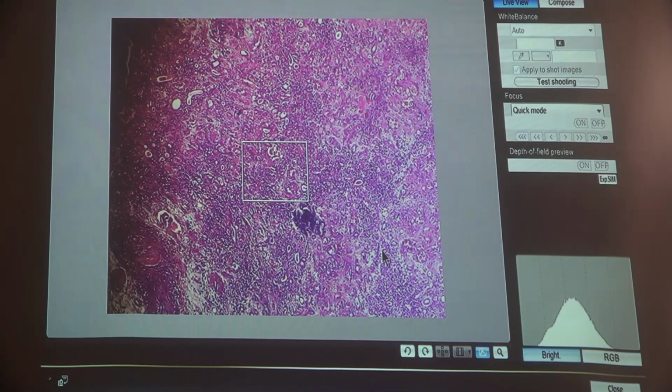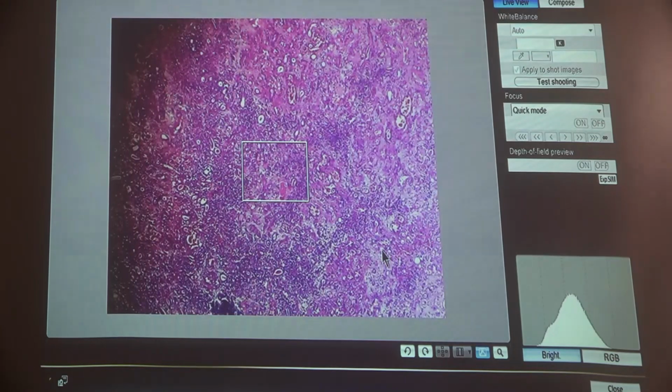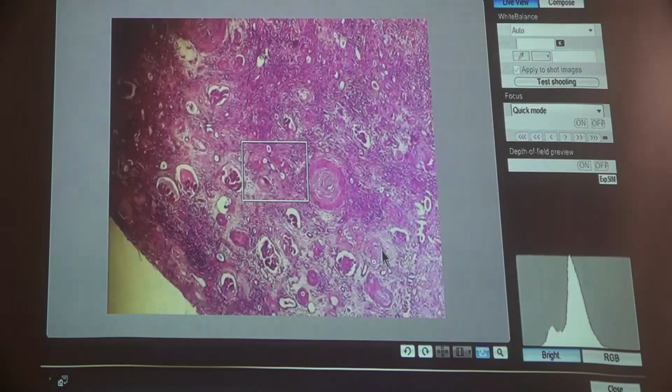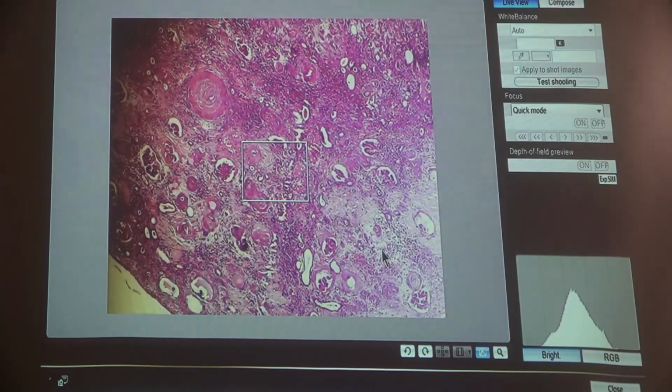This is another example of chronic inflammation, chronic pyelonephritis, chronic inflammation of the kidney, in which there is also heavy infiltration by chronic inflammatory cells, destruction of the renal tubules, with the preservation of the glomeruli.